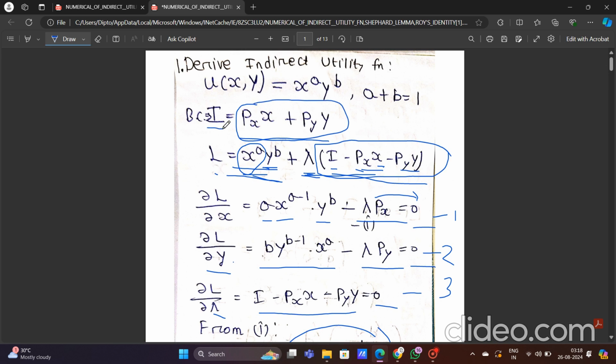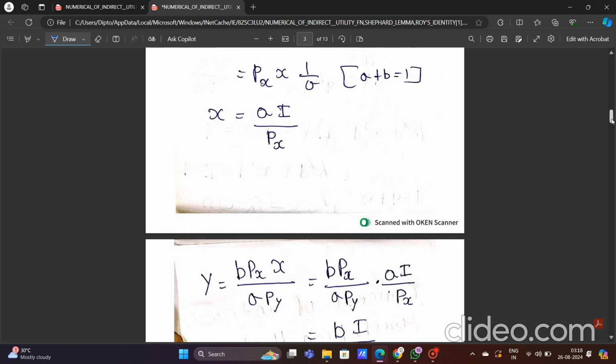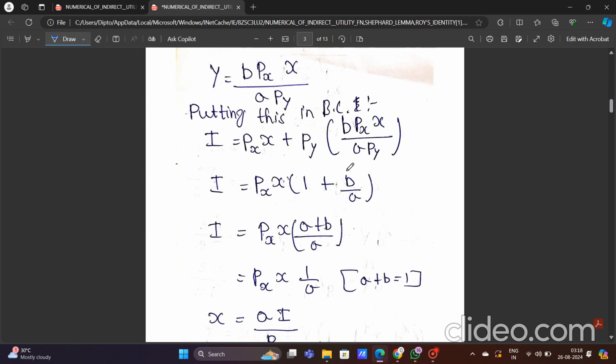If we put the value of y in this equation, then this equation will only have the terms of x, right? If we put this value of y into this budget constraint in the place of y, then this will be our equation. Now both of these terms contain px into x, so if we take px into x common, then we will have 1 in this part and b by a in this part.